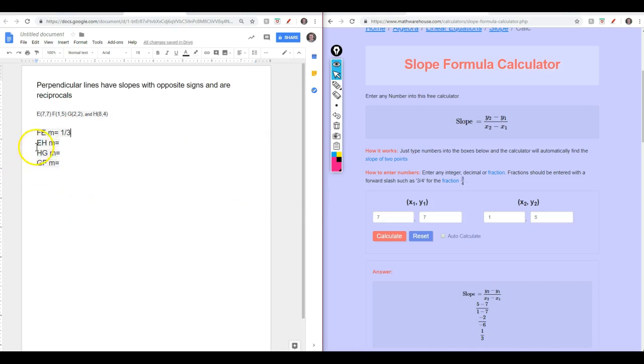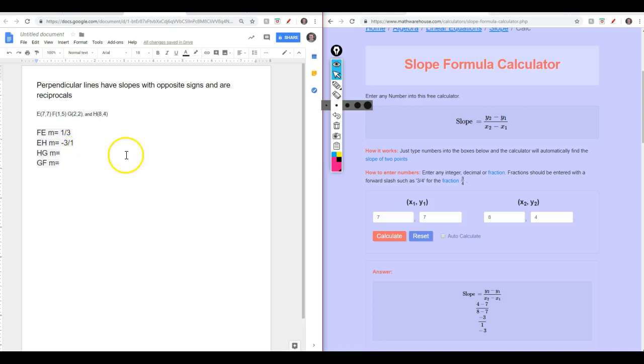Then we want EH, so point E was (7,7) and point H is at (8,4). Calculate, it gives us -3. I'm going to write it as -3/1 just so that when I'm checking for perpendicular I can check for reciprocals more easily.